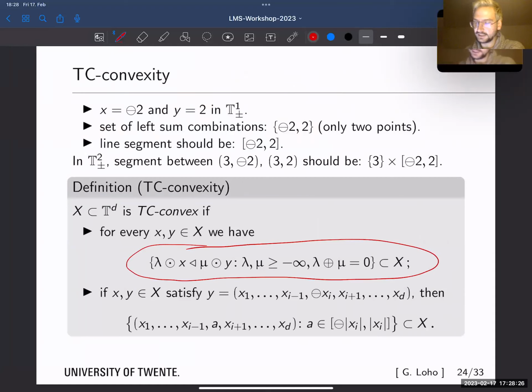We just take these non-negative combinations where we use the left sum as operation, but then also we have to require a cancellation property, namely, and now we can look at this here. If we take 2 points which differ only in the sign of one component, then this elimination property causes really a whole segment to appear.